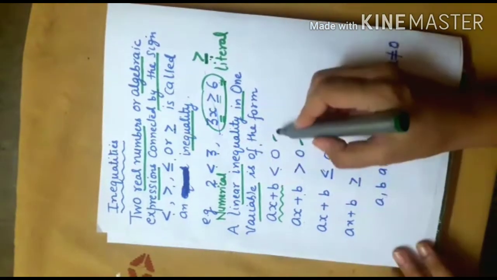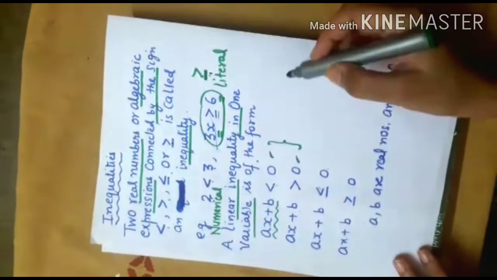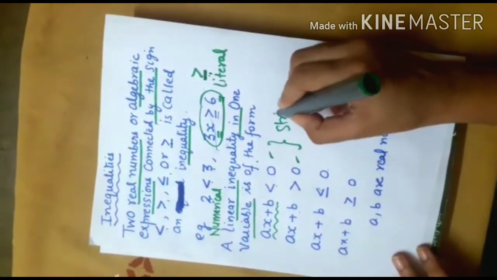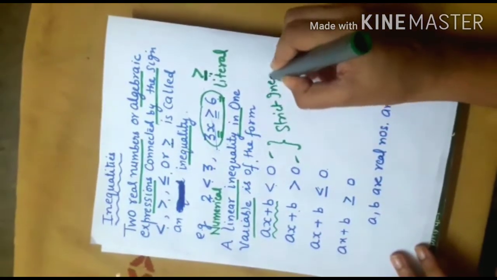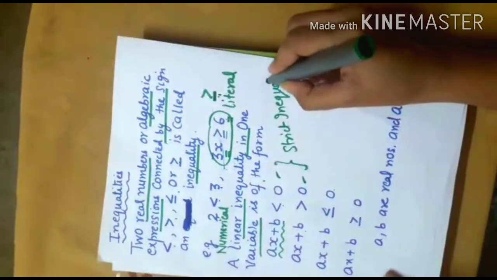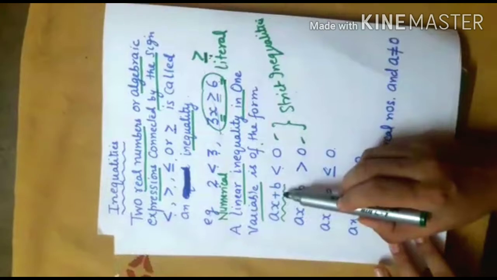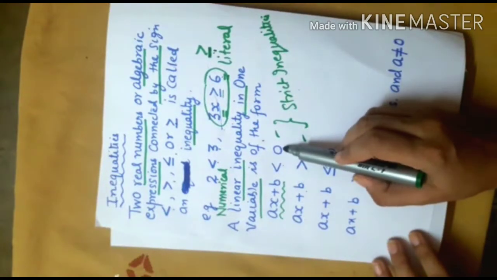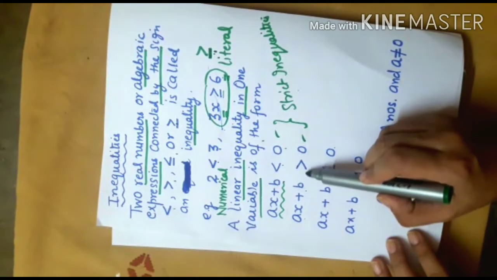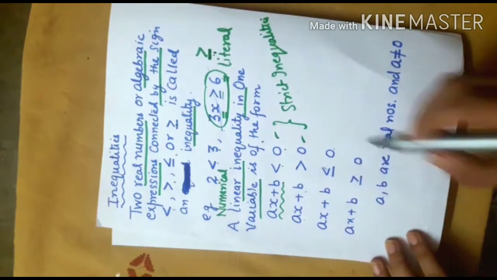Now out of these, two are called strict inequalities, because ax plus b is strictly less than 0 and here ax plus b is strictly greater than 0.